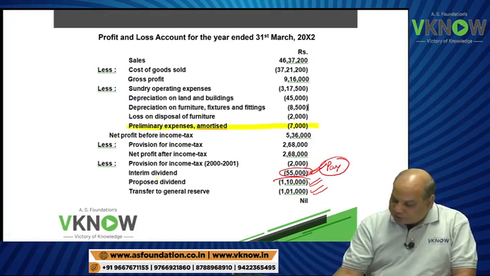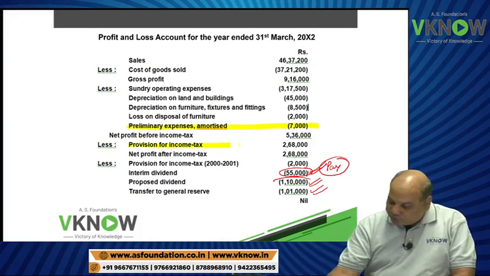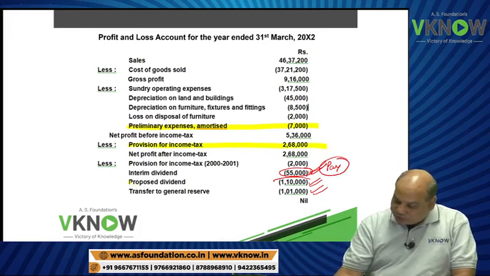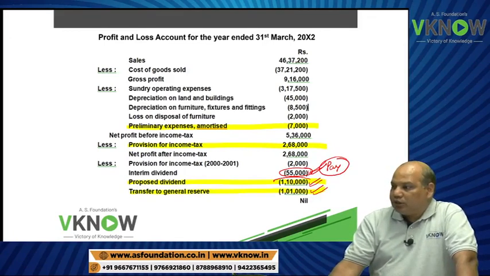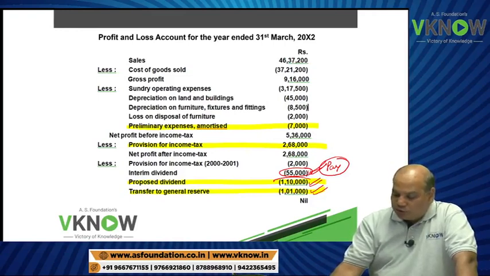This 7,000, this provision for income tax, this proposed dividend, and this transfer to general reserve have already appeared in balance sheet also as a contra. So we are going to give effect of remaining items only.